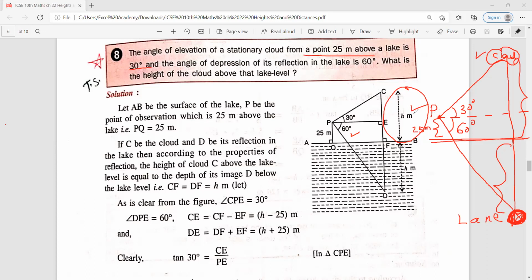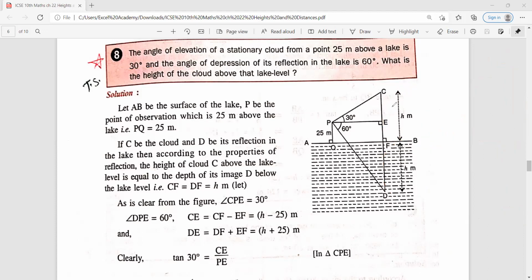See what I am saying. So this will be same as the reflection. Now it is interesting to note that CE is going to be h minus 25 meter and ED is going to be h plus 25 meter. If you understand this, then everything else is easy.